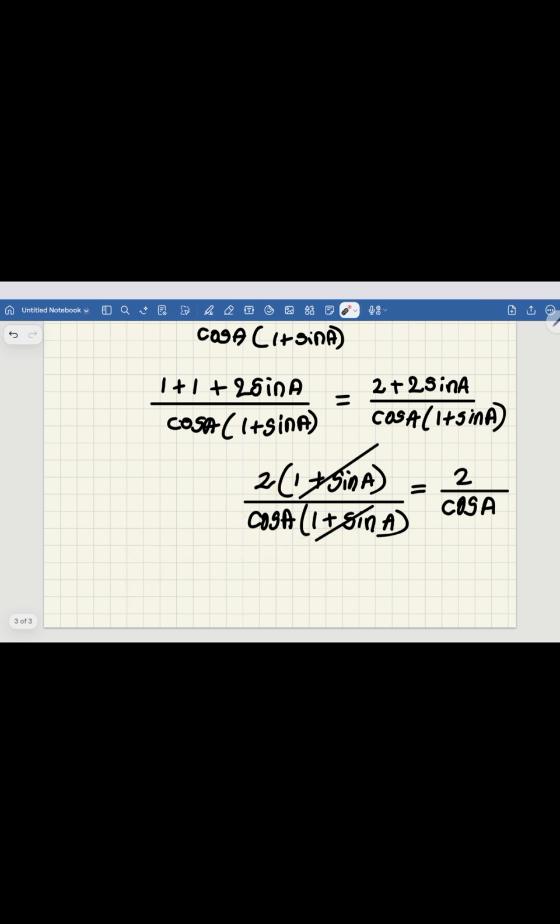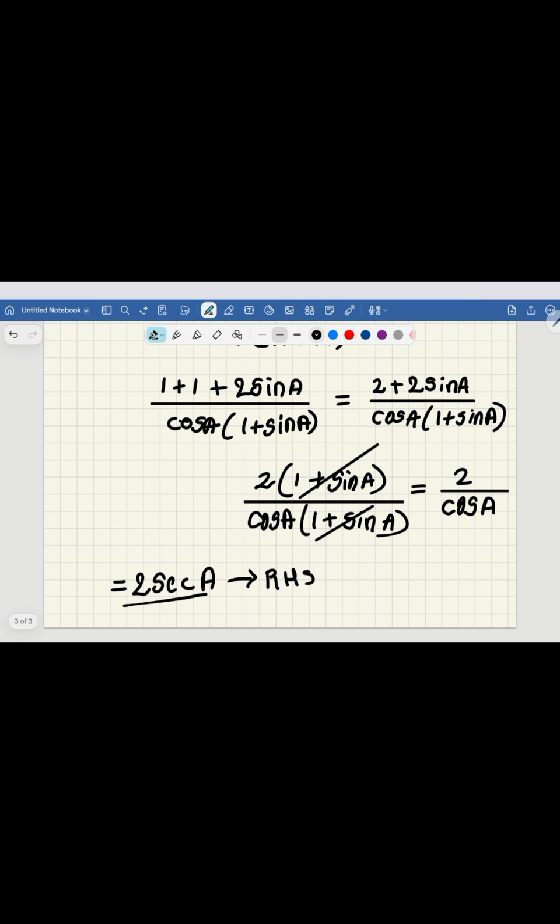That's it. So 2 by cos A is nothing but 2 sec A, and that is our RHS, right?